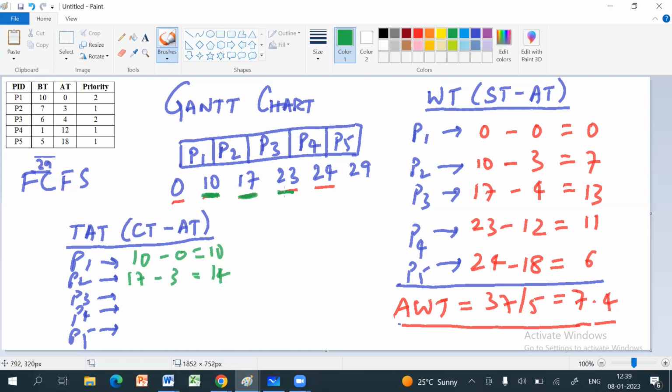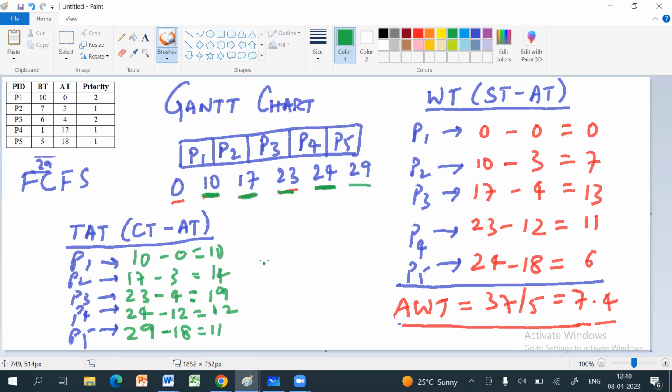Then 23 for P3 minus its arrival time 4 is equal to 19. Then P4, completion time is 24. So 24 minus its arrival time 12 is 12. Followed by P5, completed at 29. So 29 minus arrival time 18 is equal to 11.